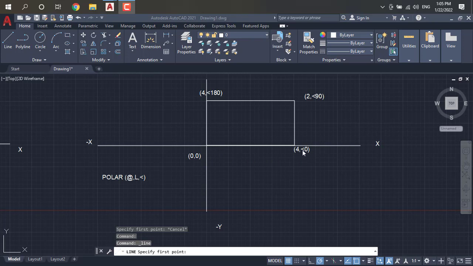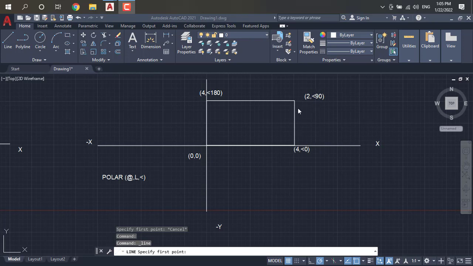Here the angle is written as less than 0 degrees. It is on the x-axis. After that we have to move 2 units above the y-axis. So here you have to mention 2 less than 90 degrees. Why? Because it is vertical. So here we have to mention 90 degrees.